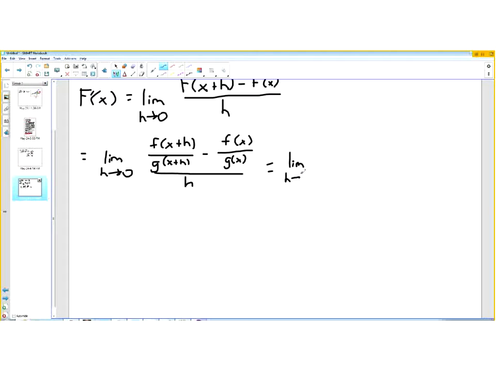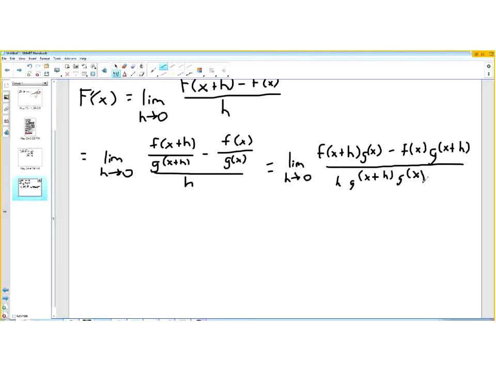So the limit as h approaches 0 of f of x plus h times g of x minus f of x times g of x plus h, all of that divided by h times the common denominator from the numerator. Okay, so you should understand how this happened algebraically.